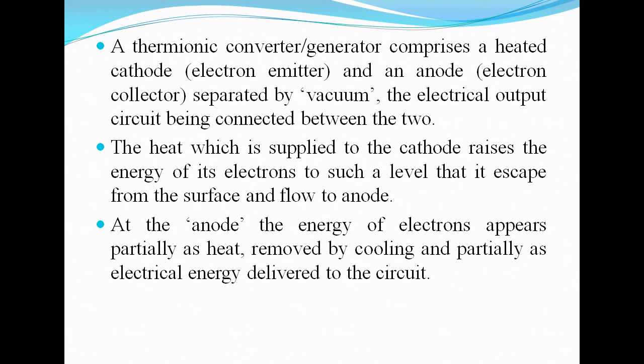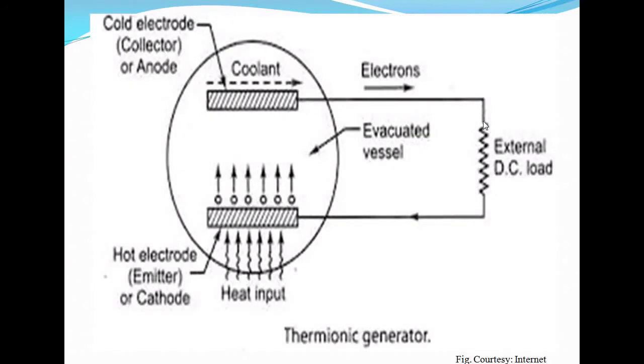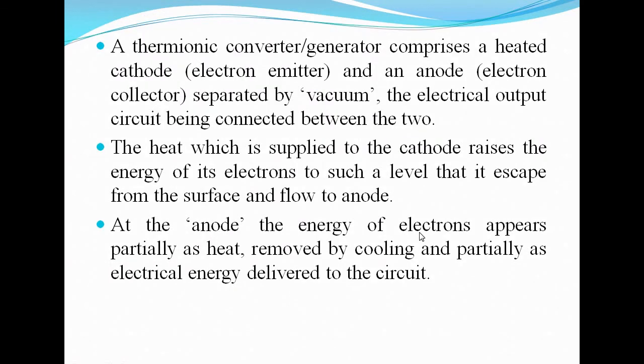Now a thermionic converter or generator comprises a heated cathode, which is also called the electron emitter, and an anode, which is called the electron collector, separated by vacuum. The electrical output circuit is connected between the two, that we have seen here. This is the electrical circuit. The heat which is supplied to the cathode raises the energy of the electrons to such a level that they escape from the surface and flow to the anode.